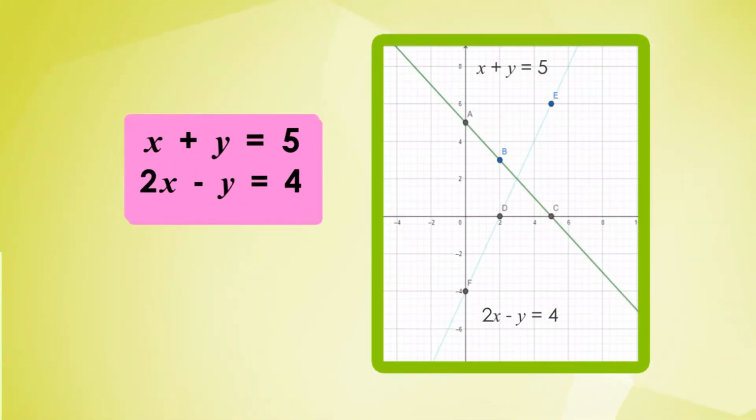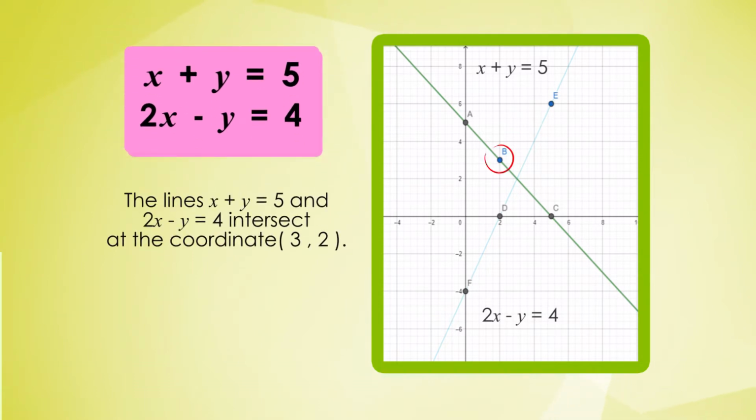Draw a graph by connecting all the points. Straight line graphs are obtained when all the ordered pairs of the linear equations in two variables are plotted and connected. All the points on the straight line are the solutions of the linear equation.